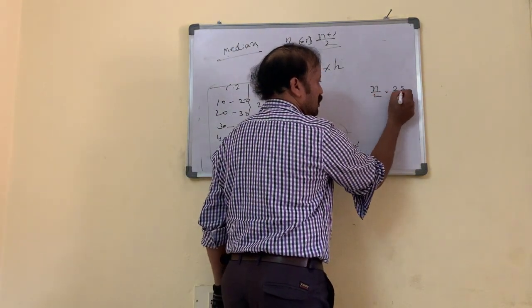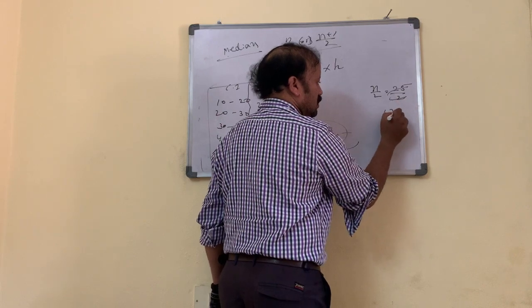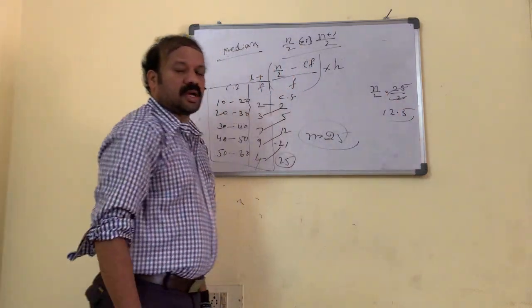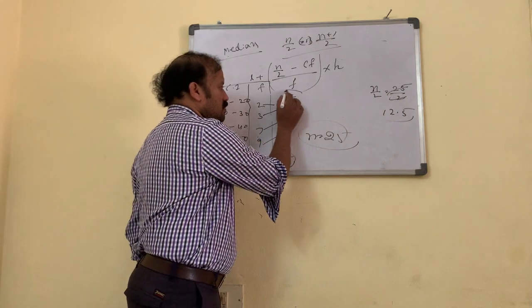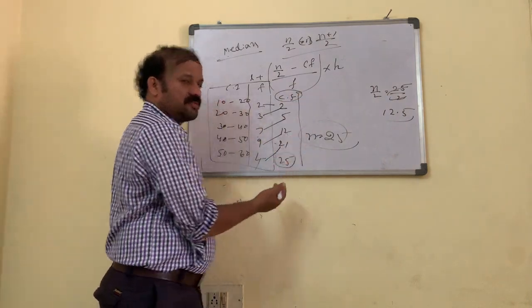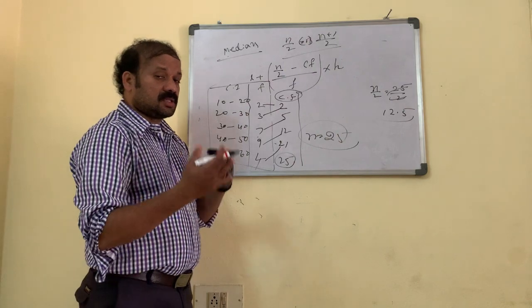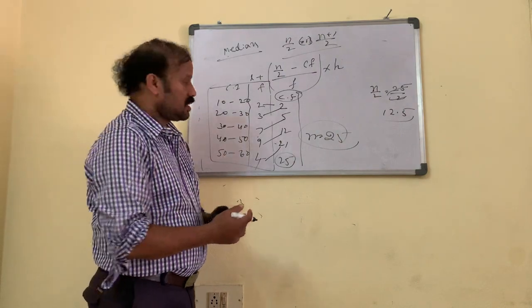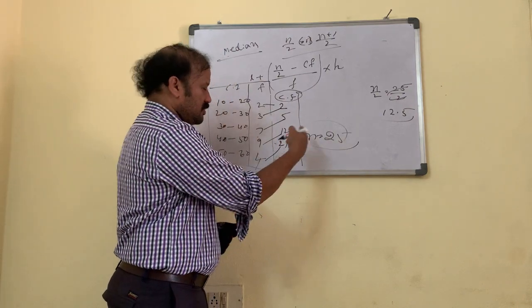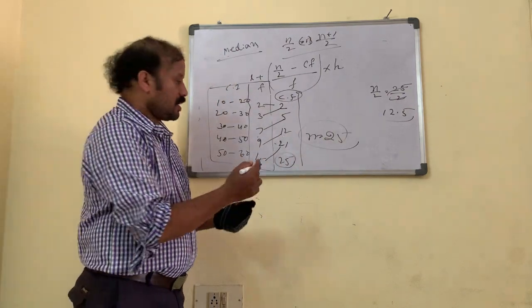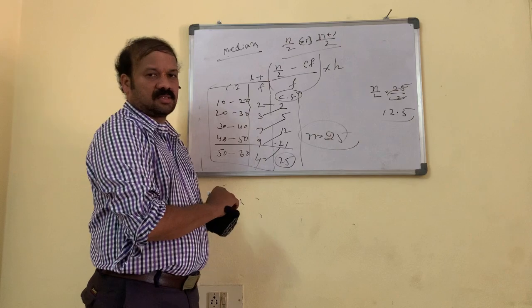N by 2 equals 25 by 2, that is 12.5. Where is 12.5 in this CF? Not there. That's why you take the value more than that, 12.5. Here 12 is there, so the value more than that, you underline.